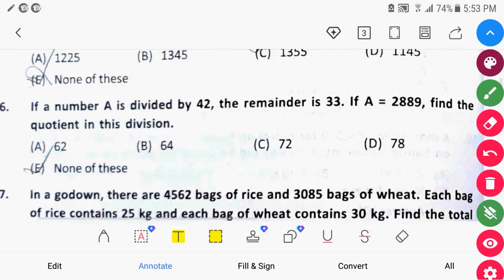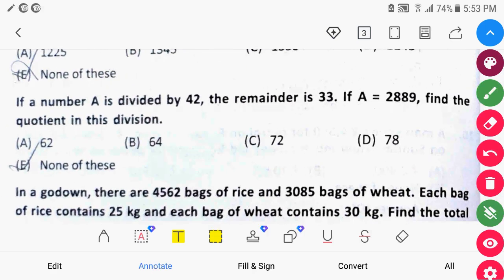Now the next one. If a number A is divided by 42, the remainder is 33. If A is 2889, find the quotient in the division. Now see, A is the number divided by 42.